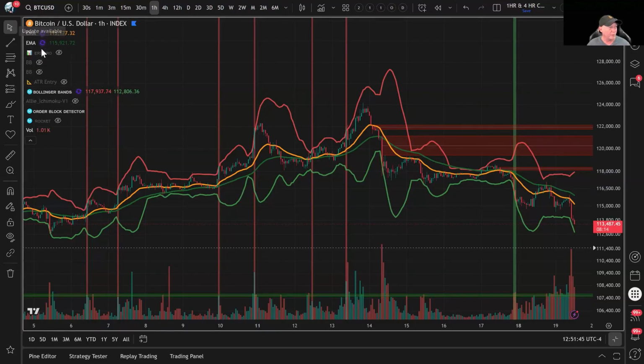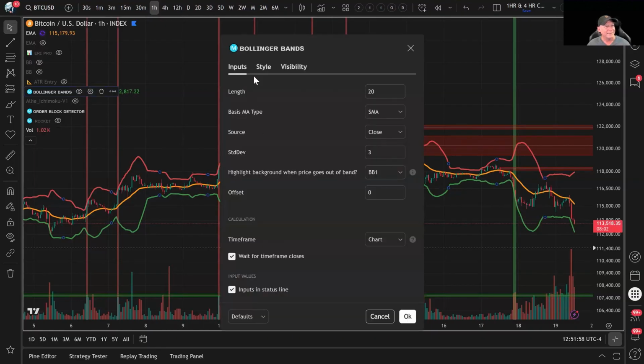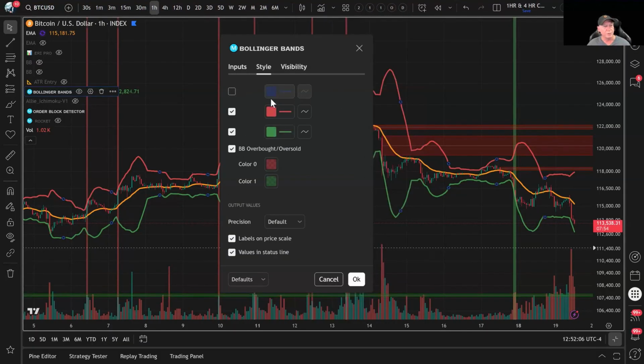Now, a little bit of housekeeping, because I want to make sure everyone understands this. The Bollinger Band, by default, has a midline that I turn off because it's pretty much the same as my 21-day exponential moving average, right? So I turn mine off.